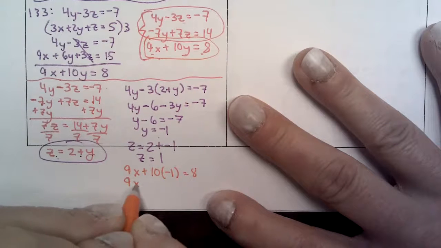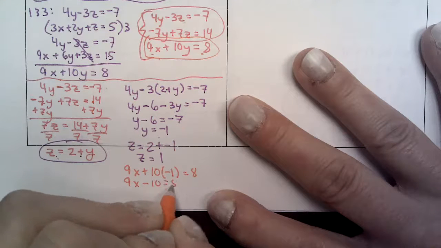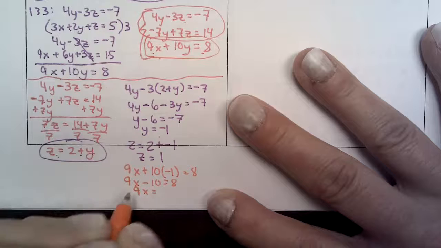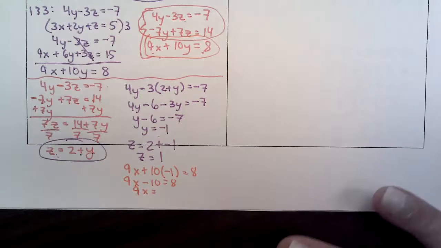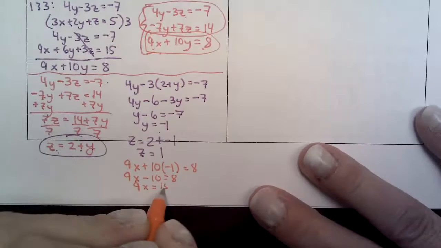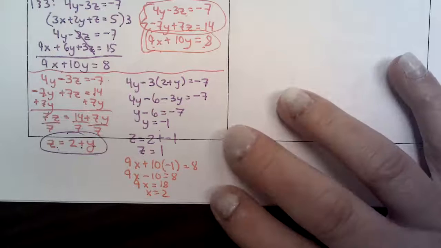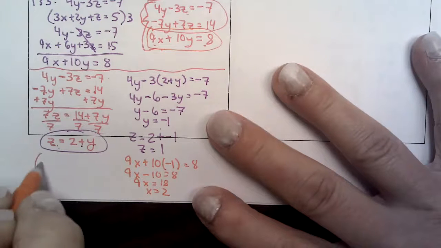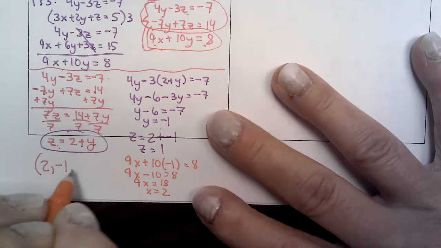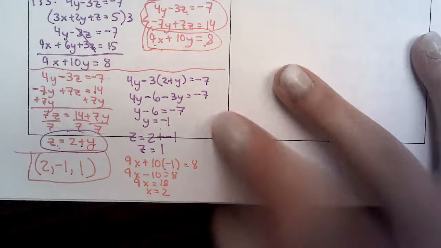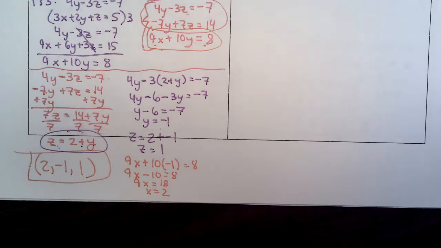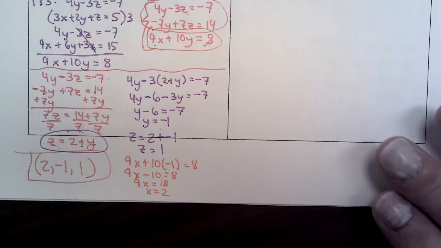And I get 9x minus 10 equals 8. 9x equals, add 10 to both sides, that's 18. So x equals 2. Okay, so now my final answer is going to be 2, -1, 1. It does take some room. It does take some thought, but once you get there, then it makes life a whole lot easier.